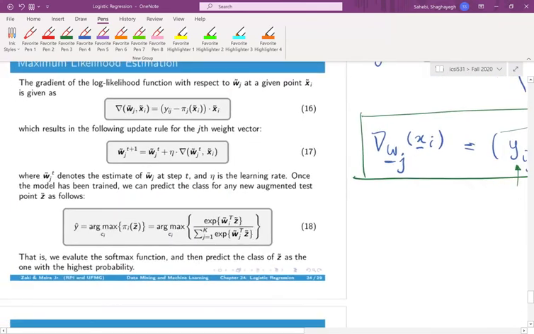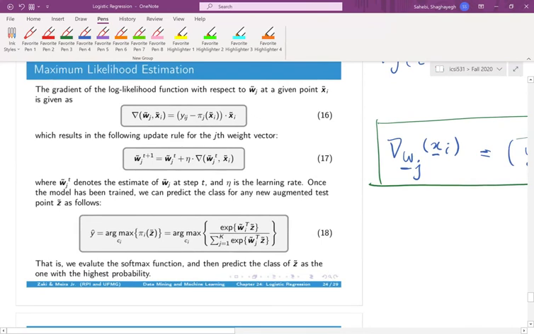Now, suppose that we have done this. That's great. We ran stochastic gradient ascent on the maximum log likelihood objective, and we found the W's for all of our classes. Now someone is giving us a data point.